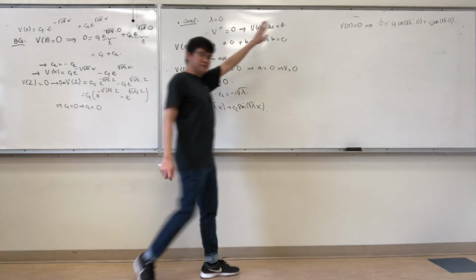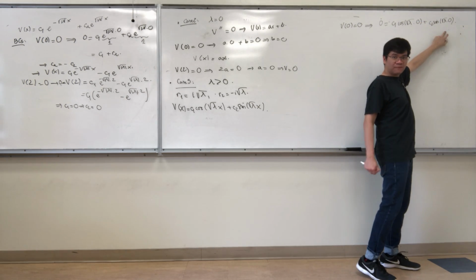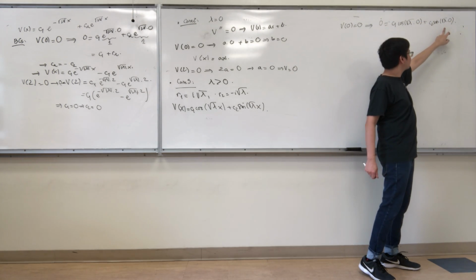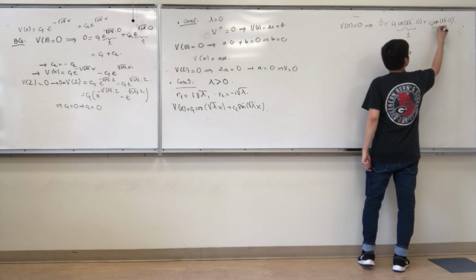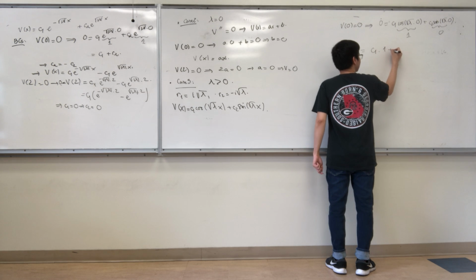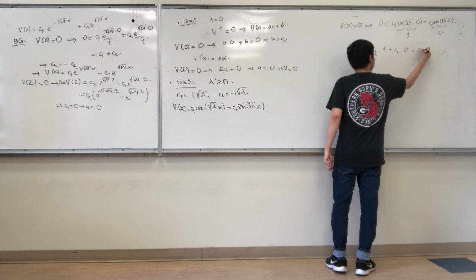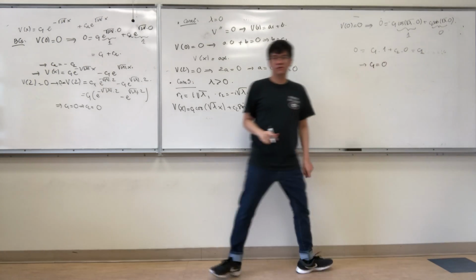At 0, it is 0. So this guy is 1 and this guy is 0. So you have 0 is C1 times 1 plus C2 times 0, and this is C1. So C1 is 0. Alright?